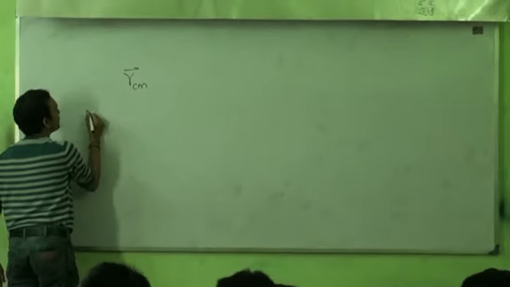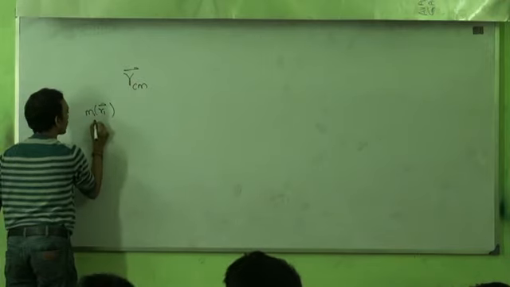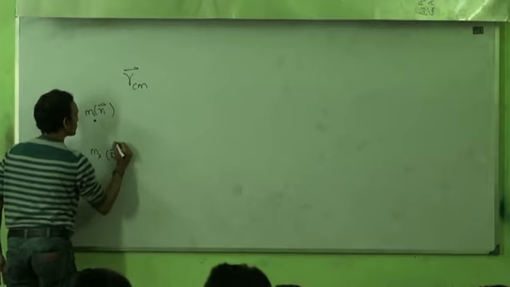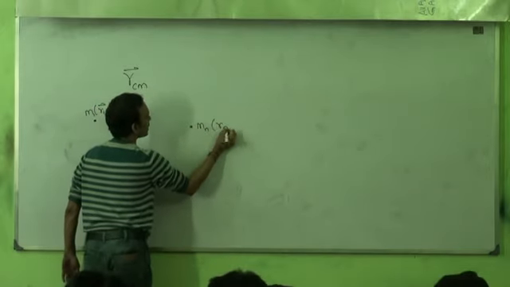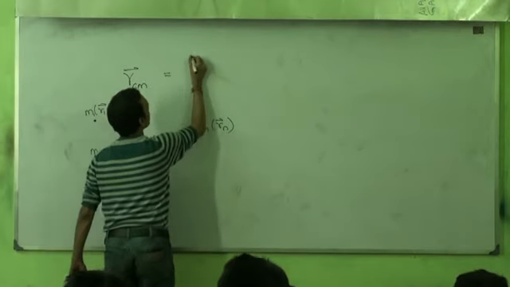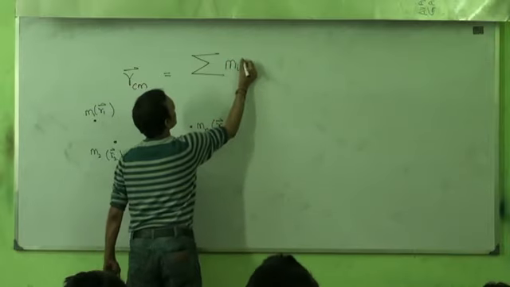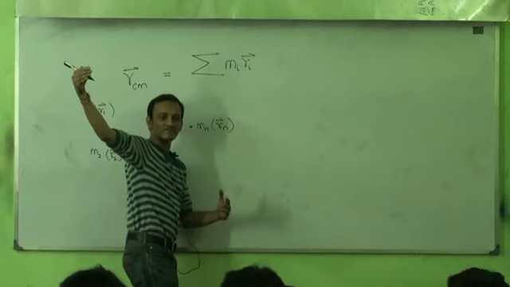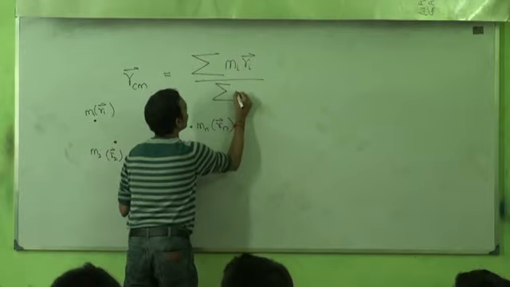If I had, let's say, m1 located at r1, m2 located at r2, similarly mn located at position vector rn, then the position vector of the center of mass is going to be given by summation mi ri, i equal to 1 to n, that is m1 r1 plus m2 r2 and so on, divided by summation mi over all the particles.